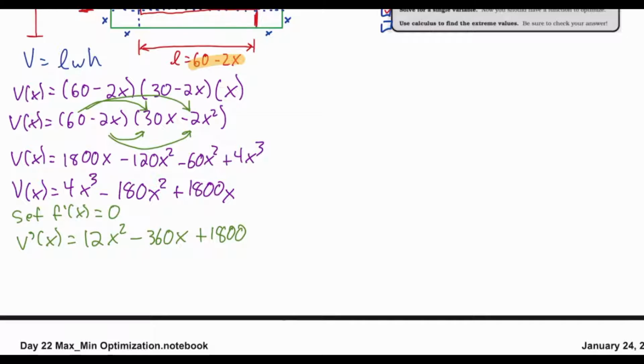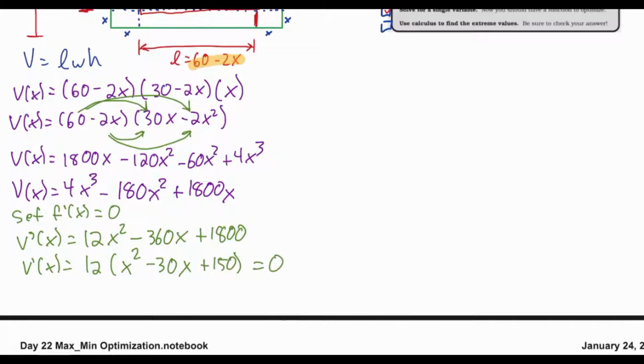And can I do any factoring? In this course, once again, we're not worried too much about actually factoring quadratics. We're just going to worry about doing greatest common factoring. So is there a greatest common factor I can pull out of each of these terms? Yes, there is. I can pull out the 12. So we're going to factor V prime of x is equal to 12, and in the brackets x squared minus 30x plus 150.